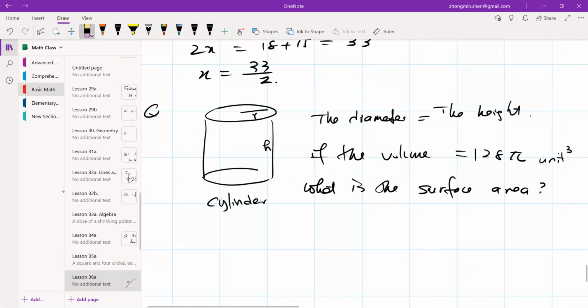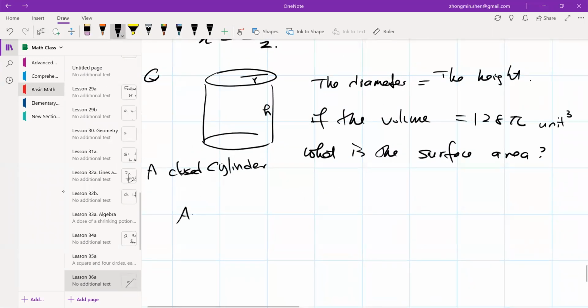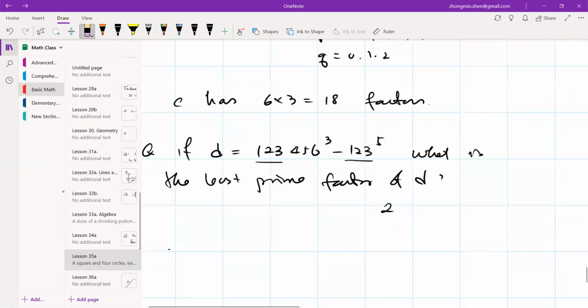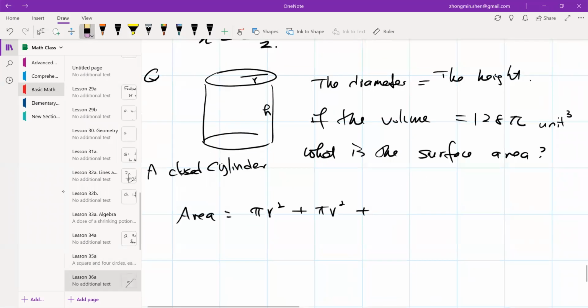The area is pi r squared for the top, plus the bottom one, plus the area of the side surface. That's 2 pi r times height, because if we open the cylinder, you get a rectangle.